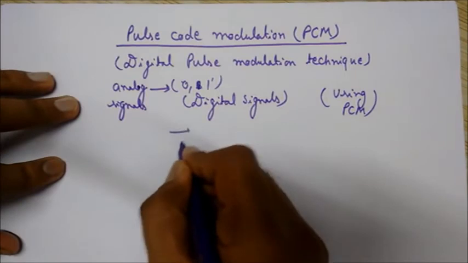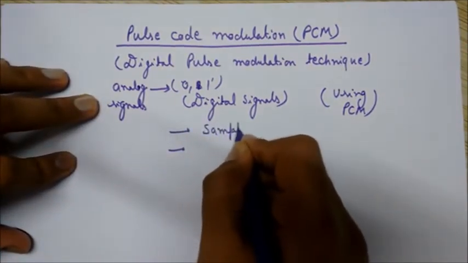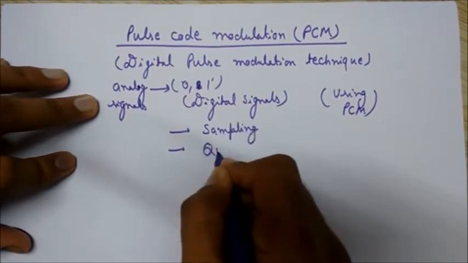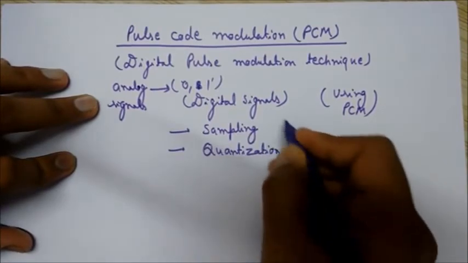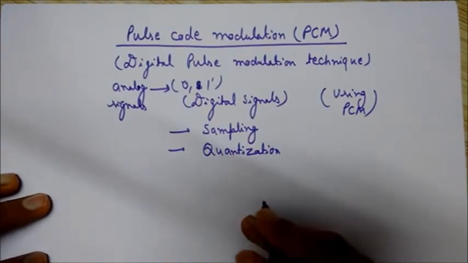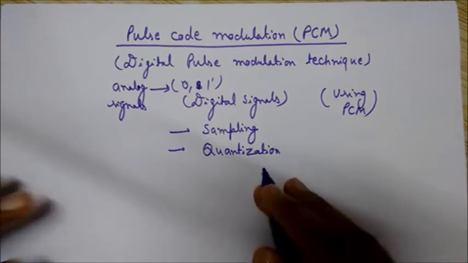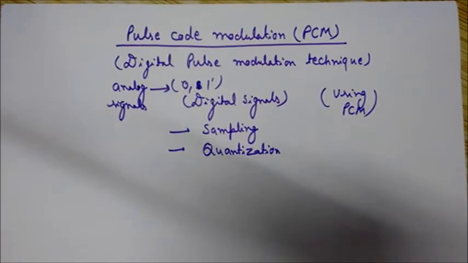You need to use two things here: the sampling and the quantization. The sampling is based on the sampling theorem. It cuts the signal into samples, and the quantization is at the amplitude level. So to understand it, we need to understand the concept of quantization and sampling.